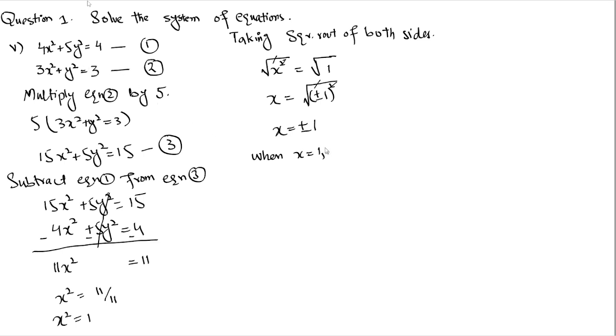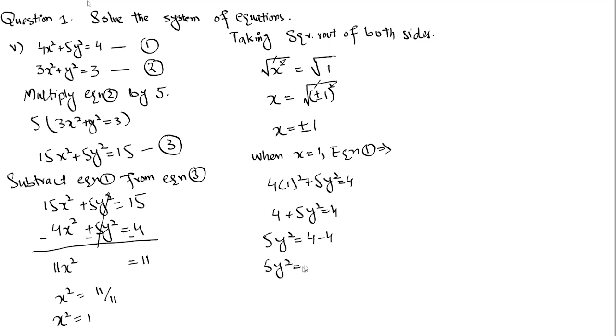So let's say we insert the value of x in equation number 1. So equation 1 implies that 4 into 1 square plus 5y square is equal to 4. 1 square is 1, multiplied with 4 is 4, plus 5y square is equal to 4. Now take 4 to the right hand side. So 5y square is equal to 4 minus 4, so 5y square is equal to 0, which means that y square is equal to 0.